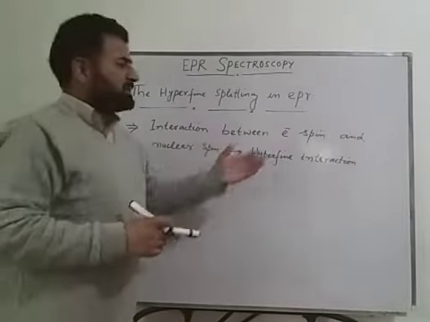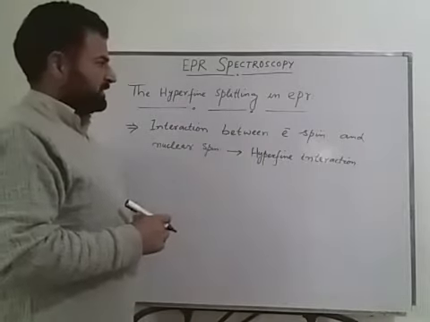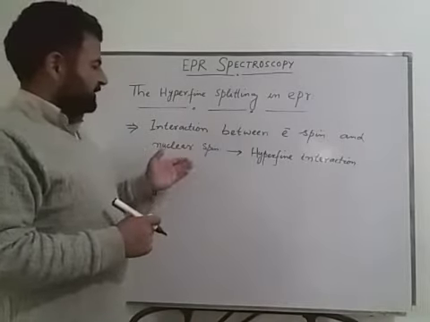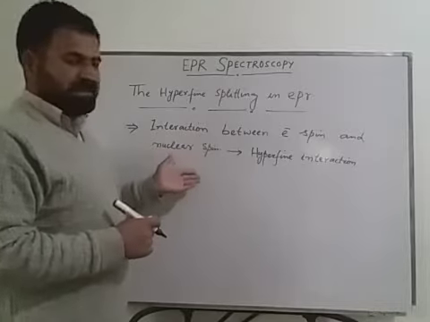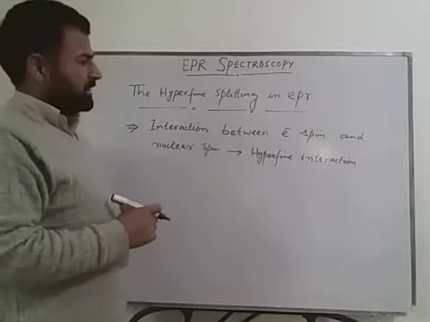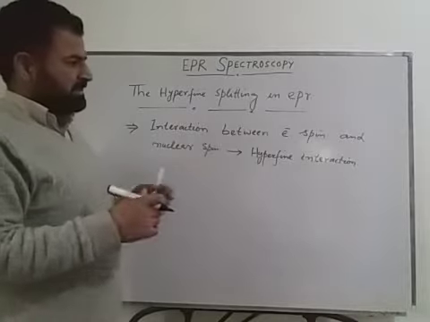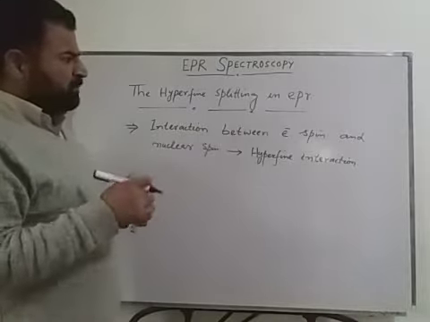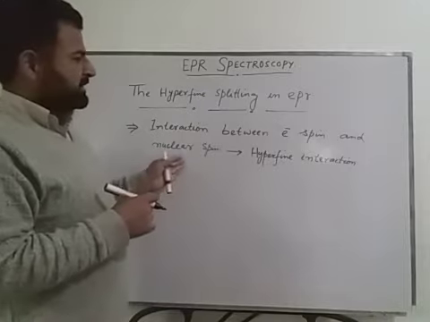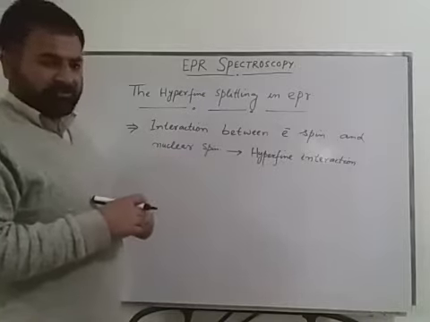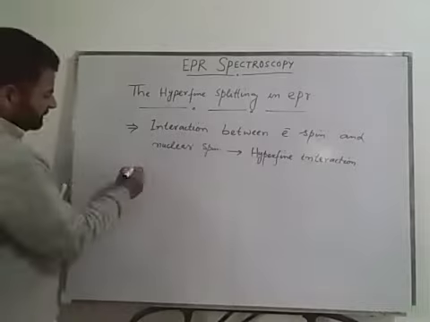Since the electron spin has its own magnetic moment, and similarly the nucleus, if a nucleus has a spin, that also will have its own magnetic moment. The two magnetic moments will couple with each other. That means magnetic dipoles will be created, and as a result there will be interaction between the two. So what will happen?